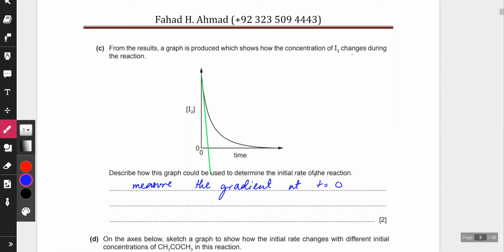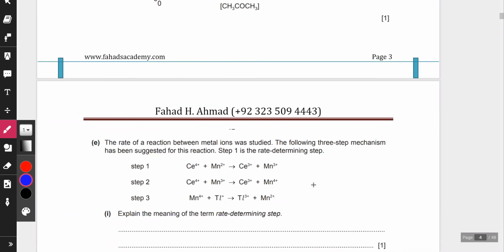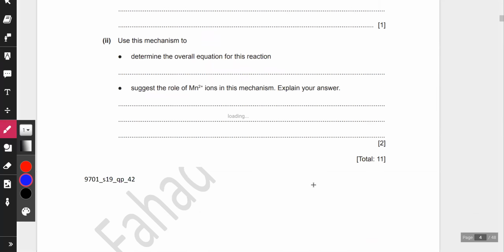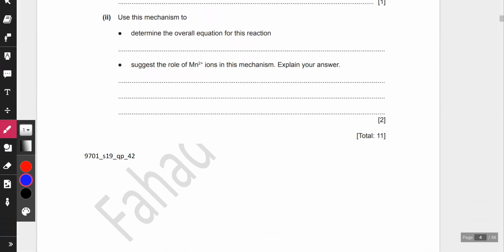Okay, so I'm not sure why they've given you 3 lines. Let me open the paper. This is S19QP42, just one second, 9701.